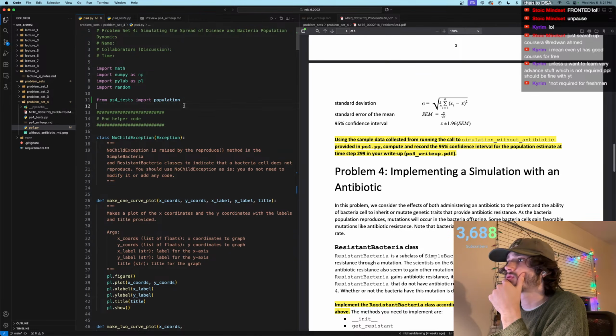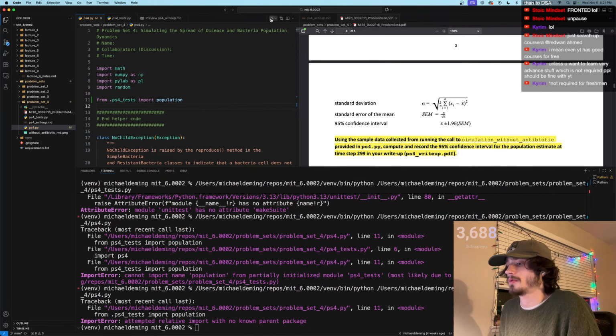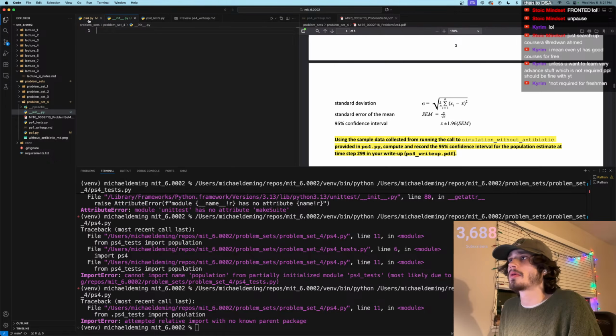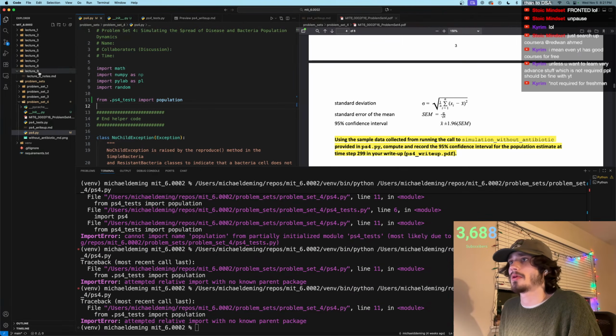Oh shoot. Let's just say it's from my current directory, my current root directory. Now we need to do under init here. No. I suck.